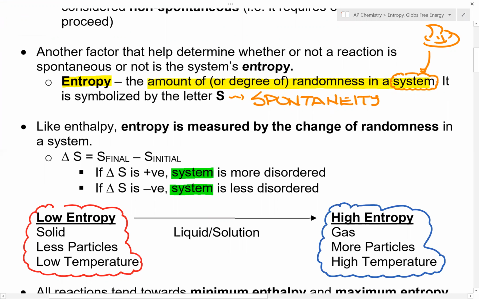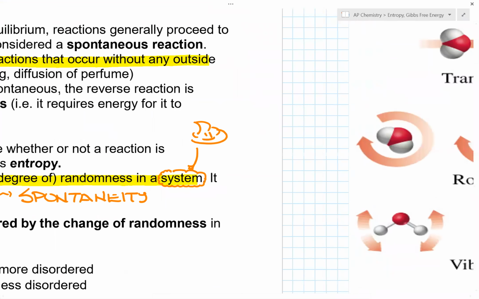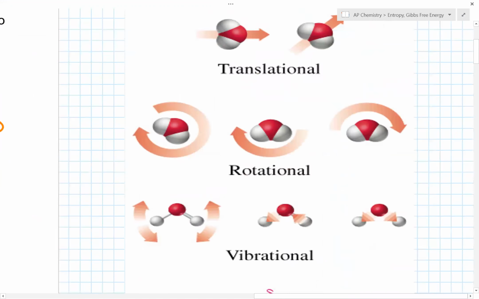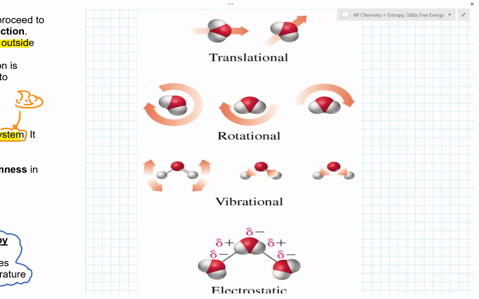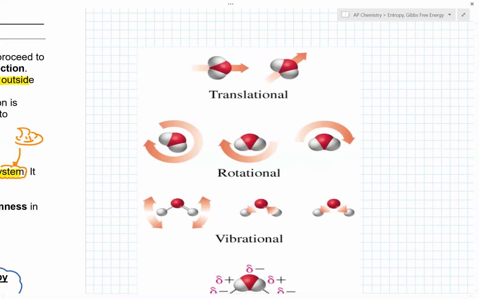One thing for you to be aware of is this: particles are always moving. There's always some randomness in the particles. Even if they are by themselves, there are different types of randomness. There's translational movement, where one particle hits another.